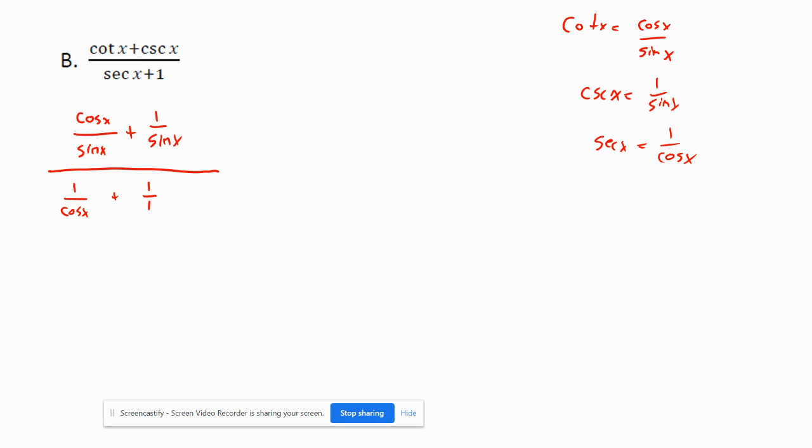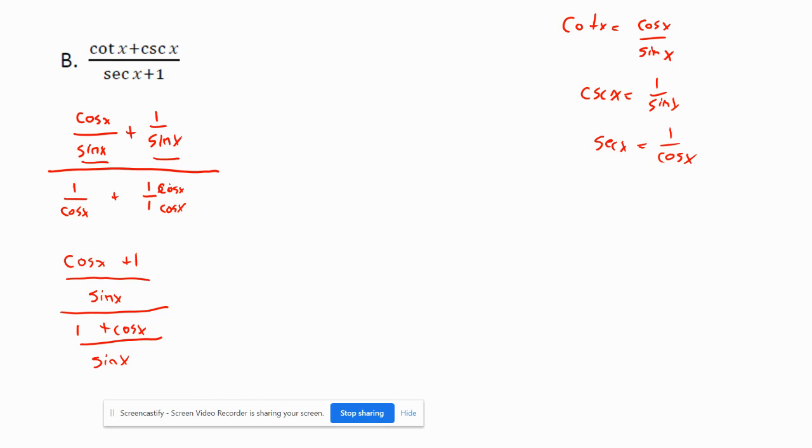In the numerator, we already have a common denominator. So the sine here and a sine here, so we can add the two numerators, and that's just going to be cos x plus 1 over sine x. In my denominator, I need to get a common denominator. I'm going to multiply the top and the bottom here by cos x. So that's going to give me 1 plus cos x over cos x.